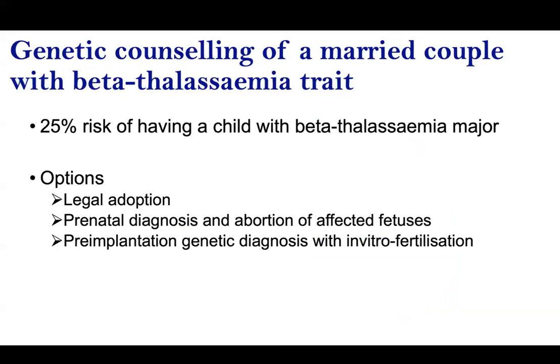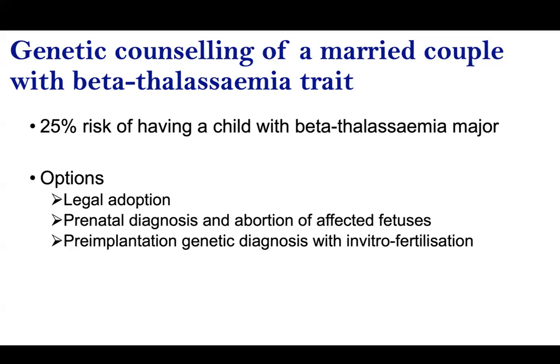Sometimes we encounter couples who are already married and somehow are detected to both be thalassemia trait. Then probably it's too much for general practice. But the option of a 25% risk is something we do not recommend they take, because having a child with thalassemia is really disastrous.